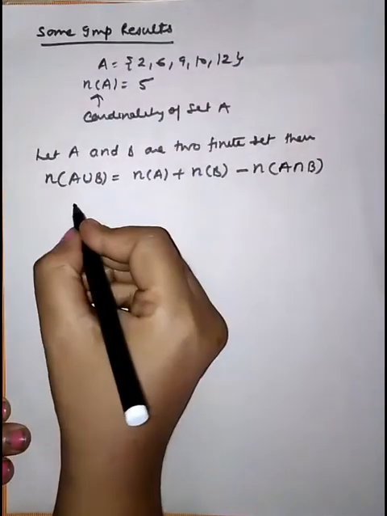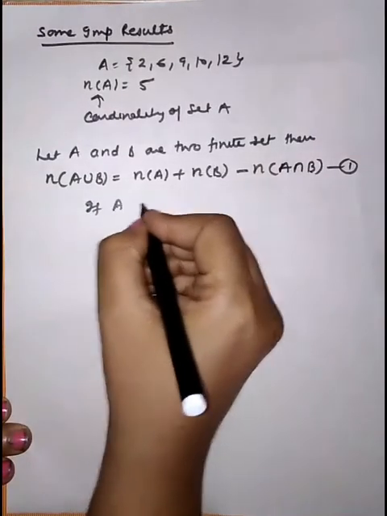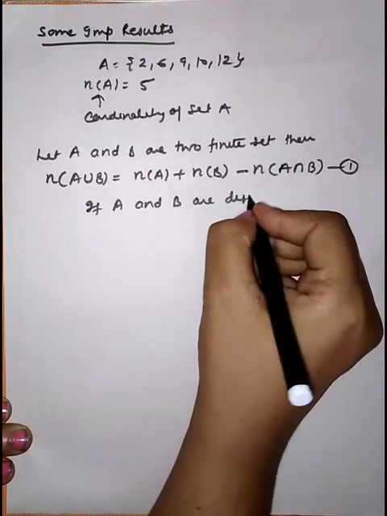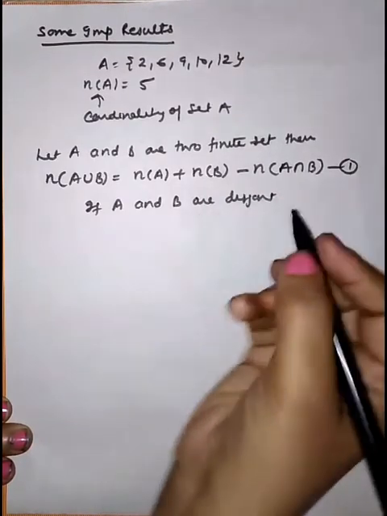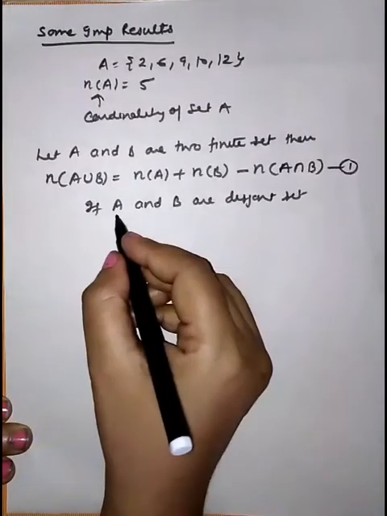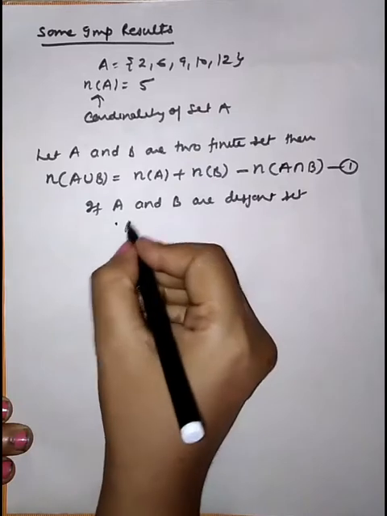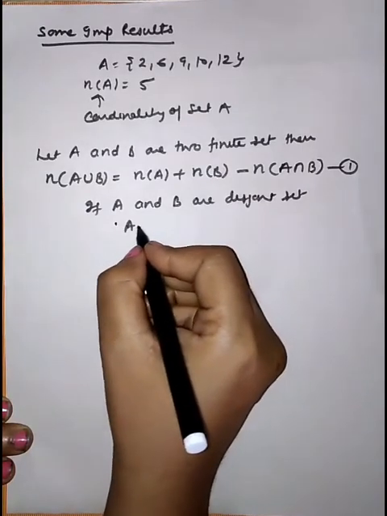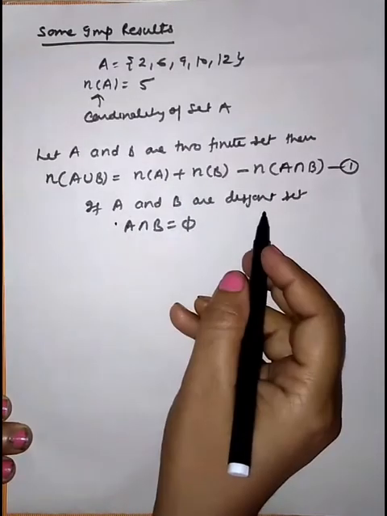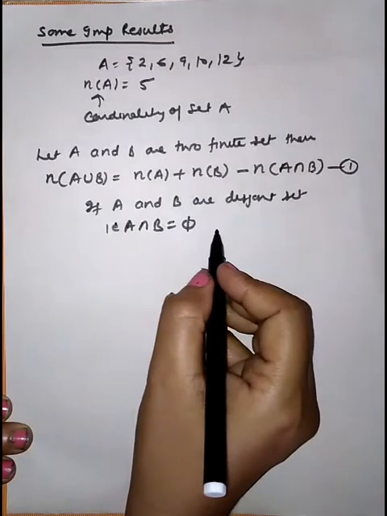Consider this as the first one: if A and B are disjoint, as you know the definition of disjoint sets, then this property holds: A intersection B equals the empty set.